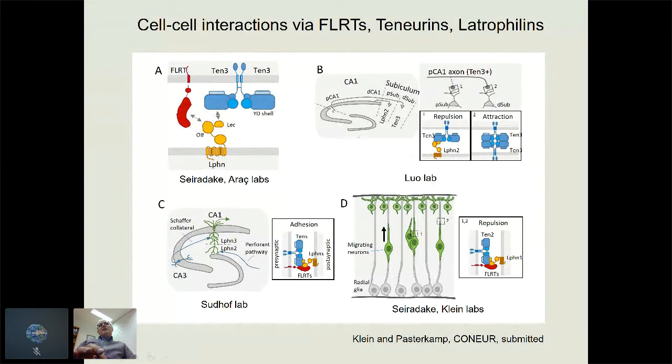It turns out that proximal CA1 neurons, so there's a topographic connection between the CA1 and the subiculum, the proximal CA1 axons target the distal subiculum, while the distal CA1 axons target the proximal subiculum.